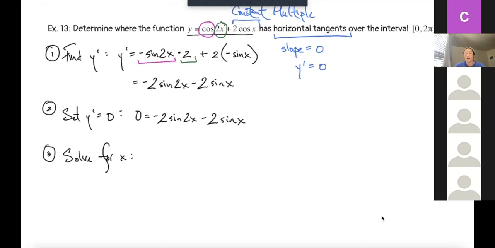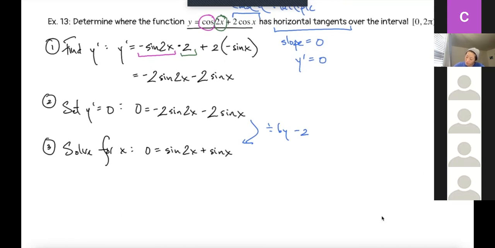Now, if I want to solve for x, which I do in this case, it might be a good idea to see what I can simplify and rewrite. So I'm going to divide both sides by negative 2. And then I'm going to use a trig identity to make a substitution.